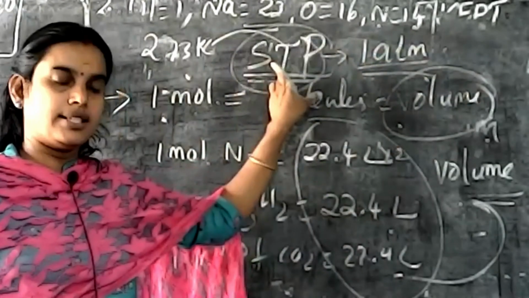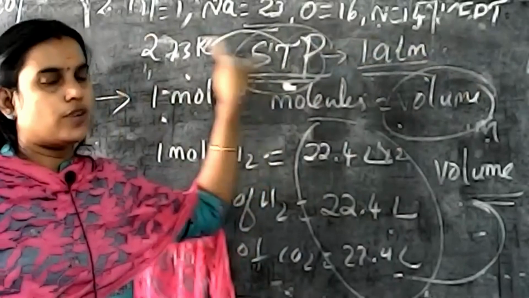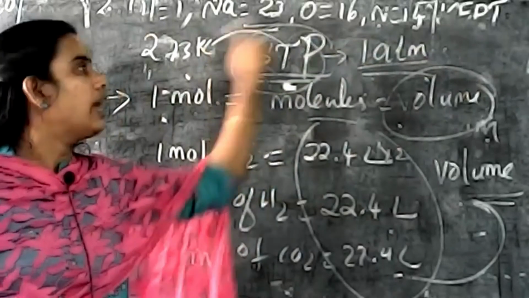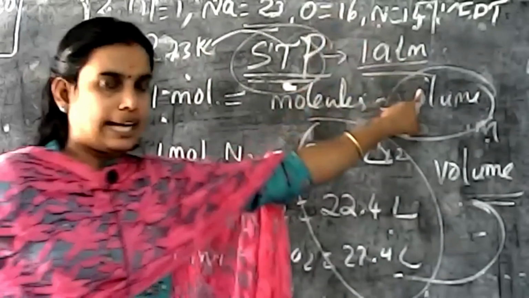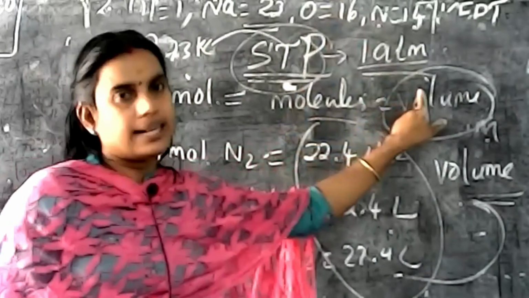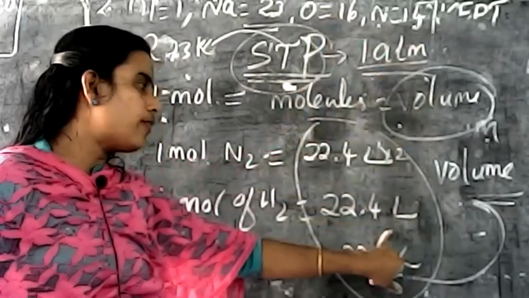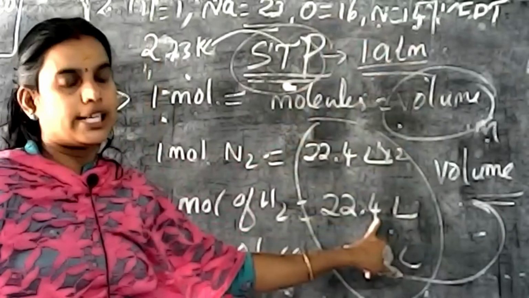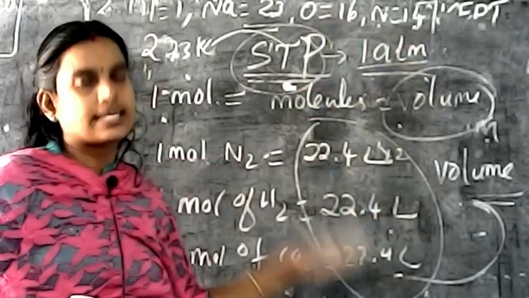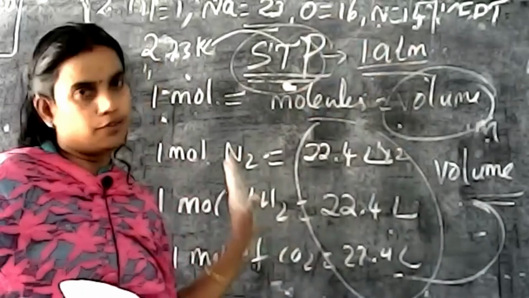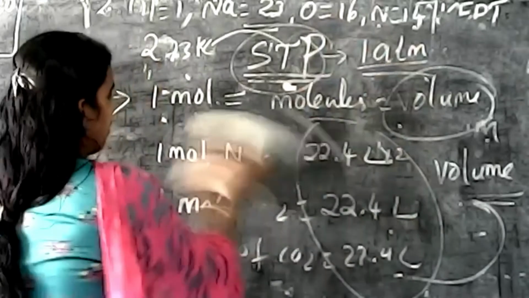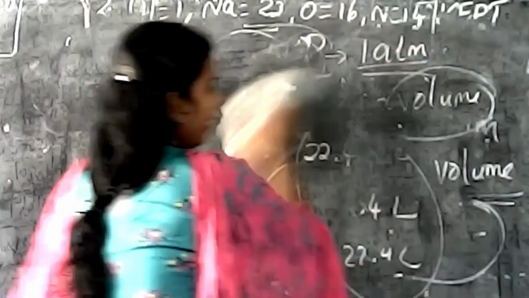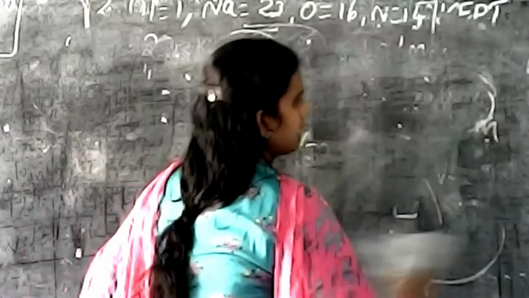Standard temperature is 273 Kelvin, standard pressure is 1 atm, and 22.4 liters is taken as the molar volume. Next, we move on to the formula based on this concept.